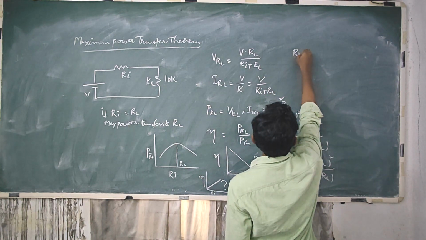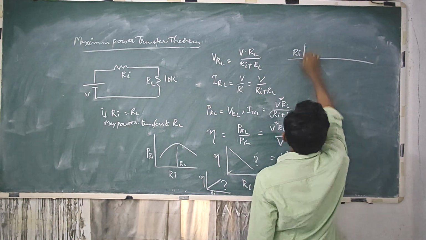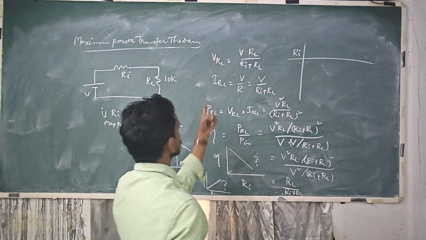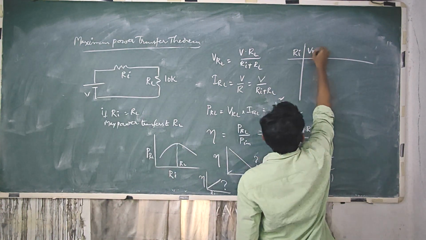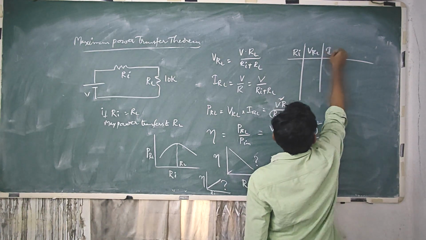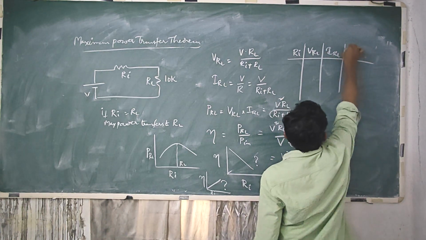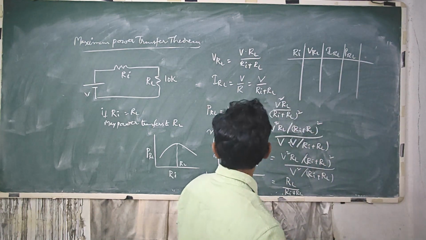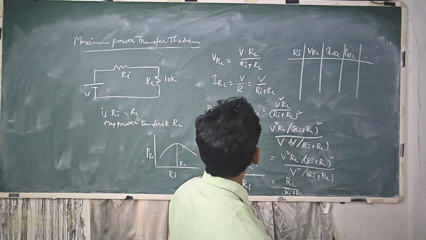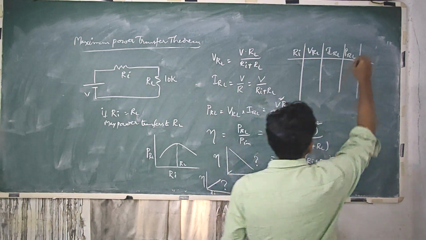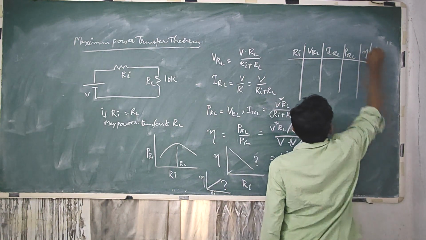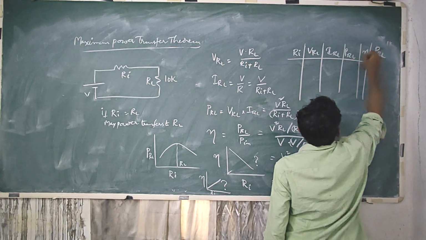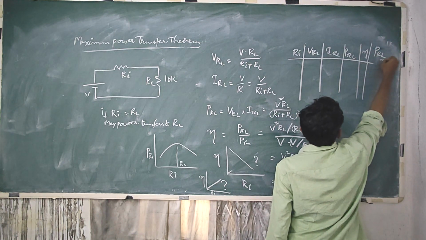Here Ri is the variable. Calculations VRL, IRL, PRL, measurements, eta is also calculated, and then measurement, PRL measured.